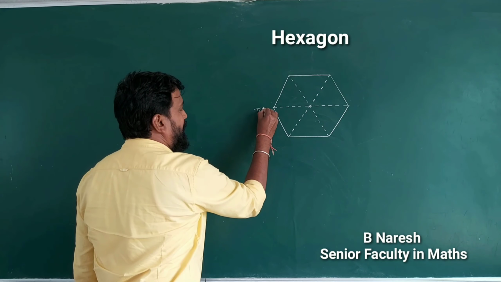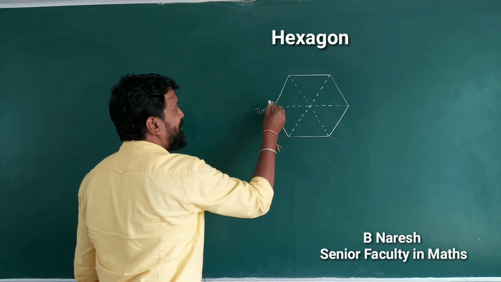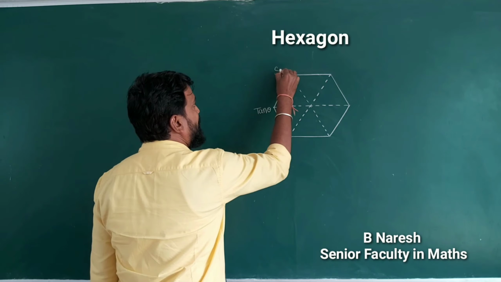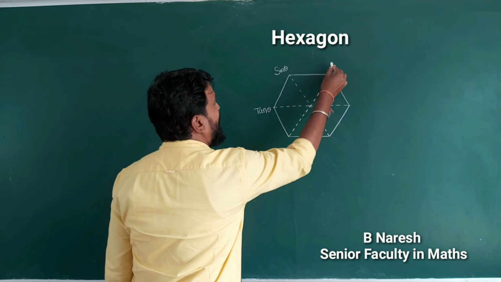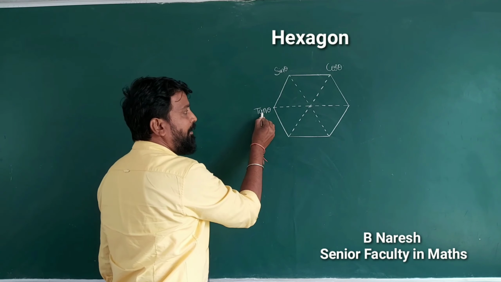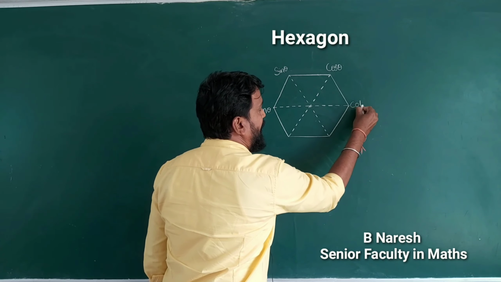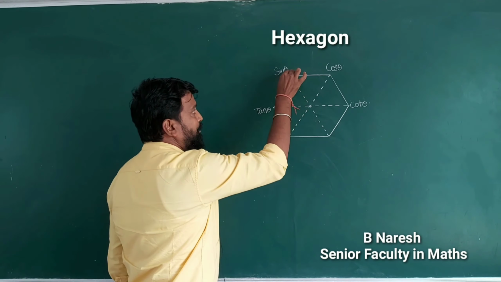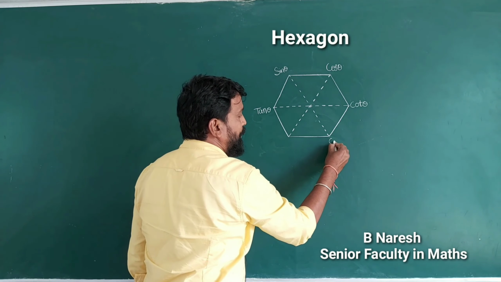You can take here tan theta. Tan theta is equal to, we already know that, sin theta by cos theta, and reciprocal of tan theta is cot theta, and reciprocal of sin theta is cosec theta.